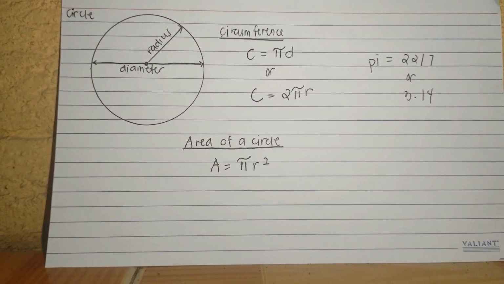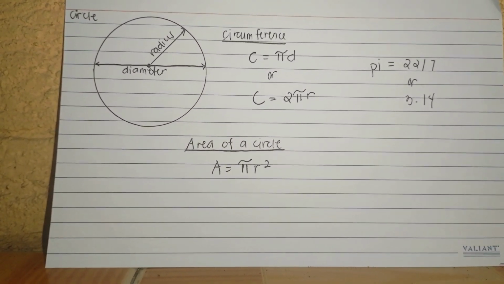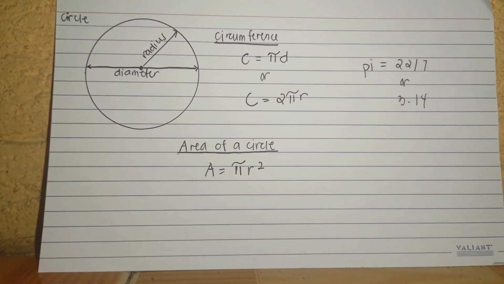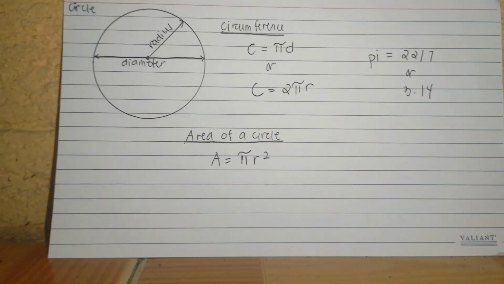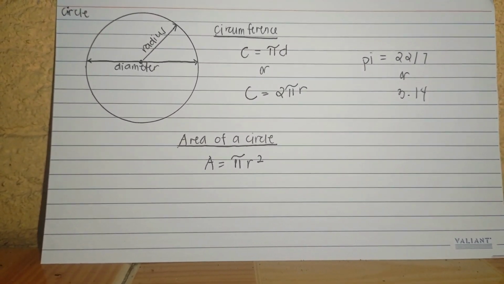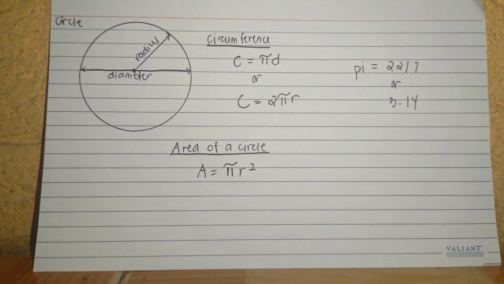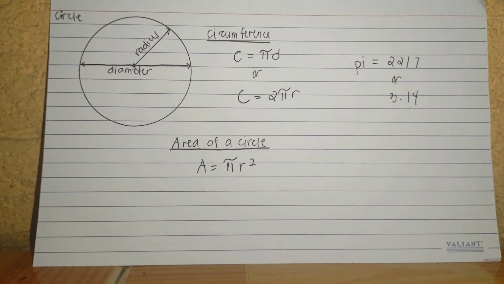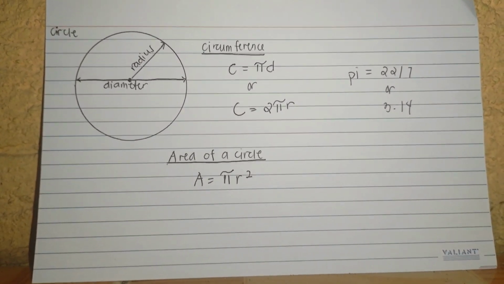Sa area po, all we need to use is the formula, this one, pi radius squared, or 3.14 times value ni radius squared. Ganun lang po.